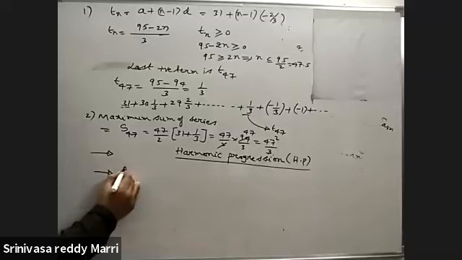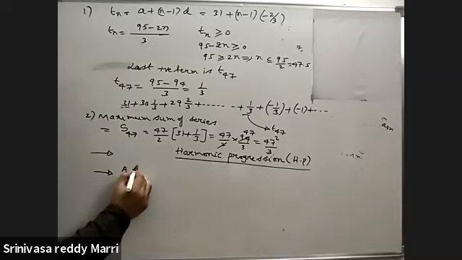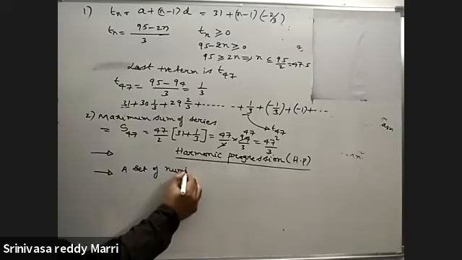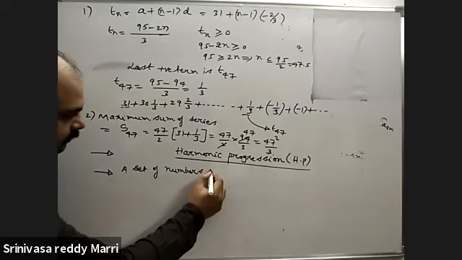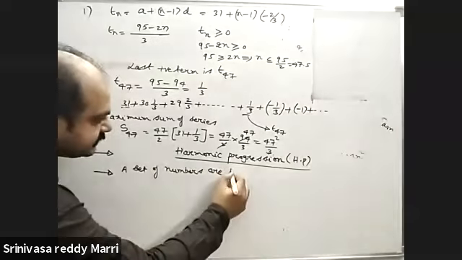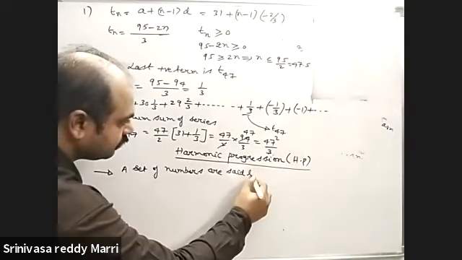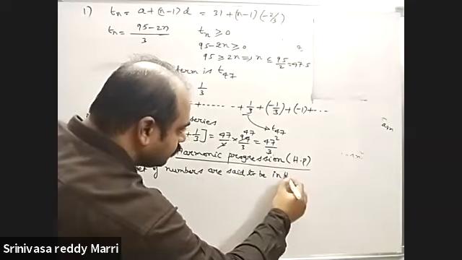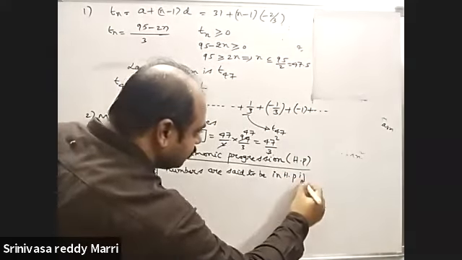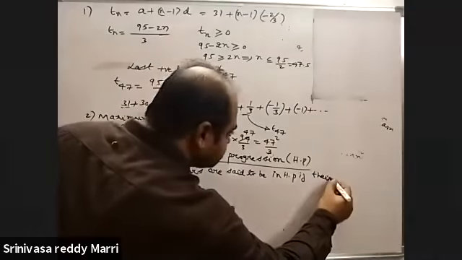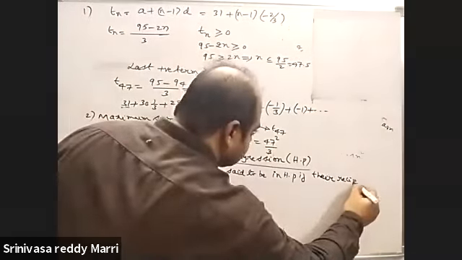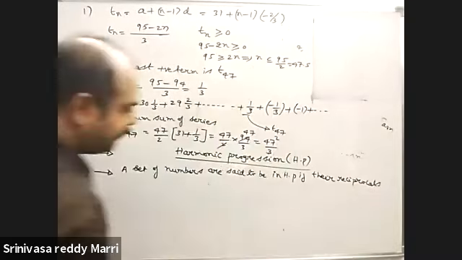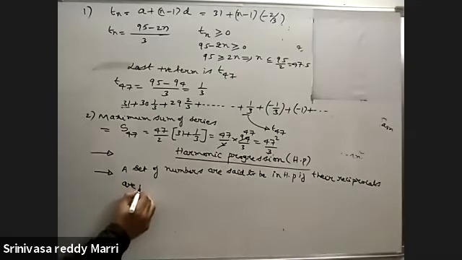A simple definition of harmonic progression is: a set of numbers are said to be in harmonic progression if their reciprocals are in AP.